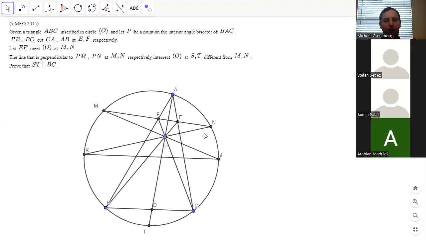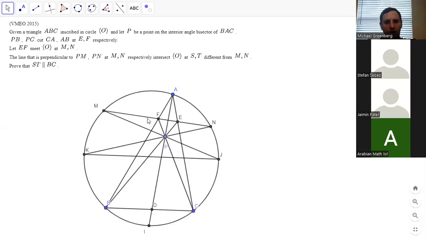I feel like there's probably one more cyclic quadrilateral that we have to find. So yeah, how do we use that P lies on the bisector?